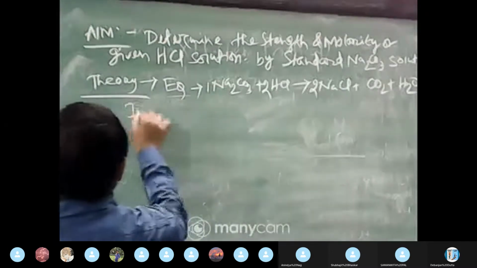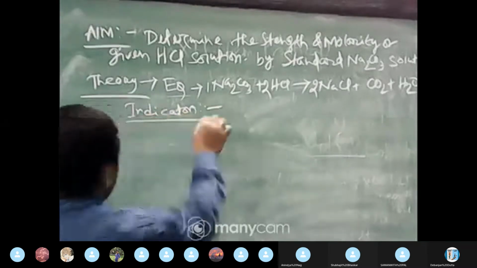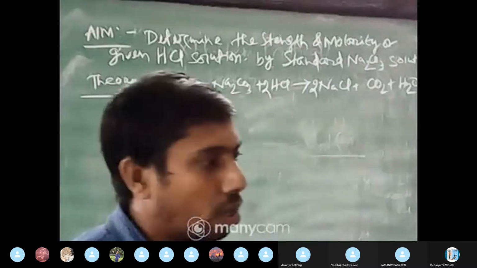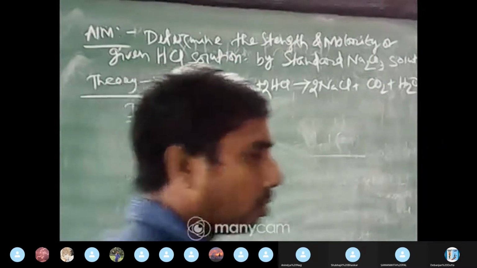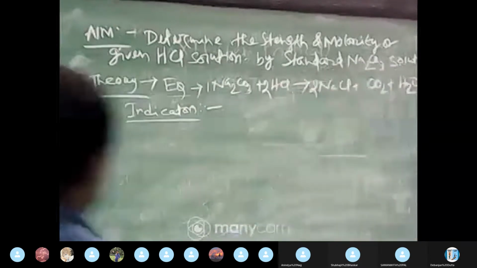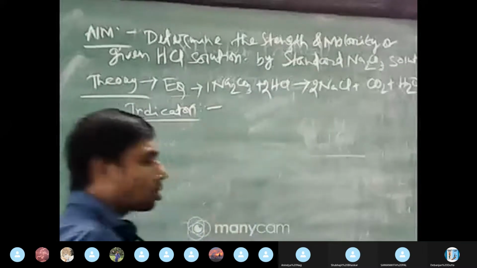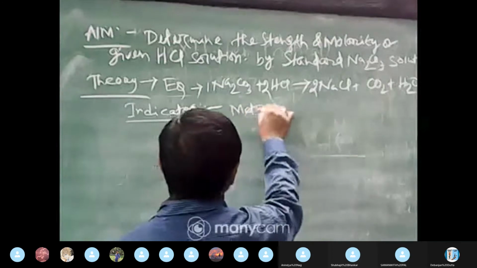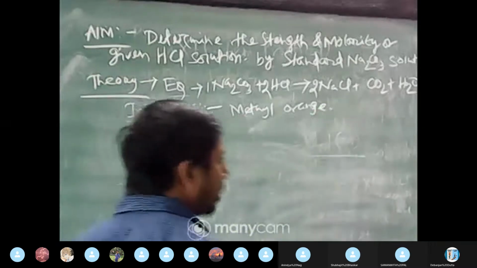And what is the indicator here? As the endpoint belongs to the acidic range, we will use methyl orange. And what is the change in color?